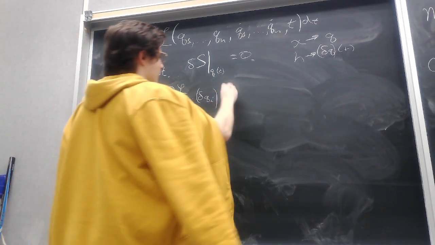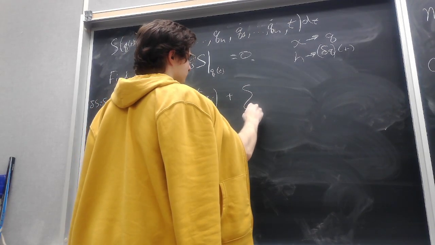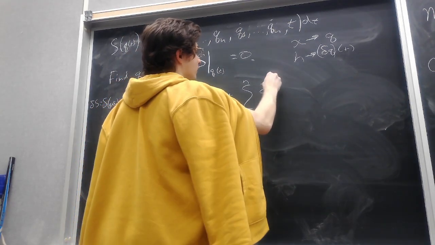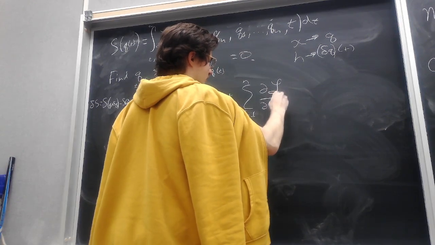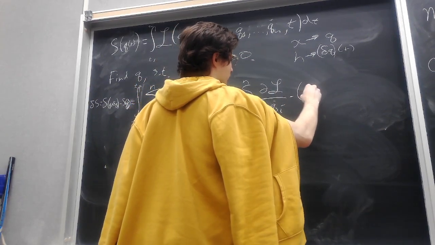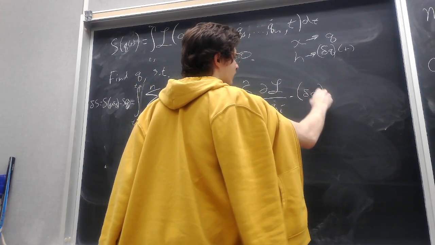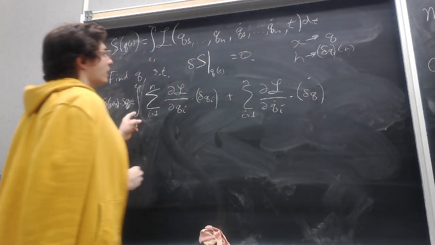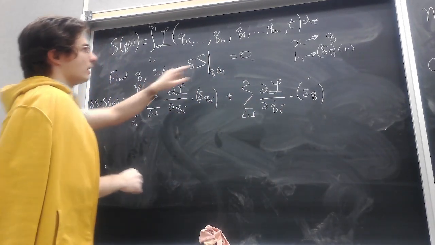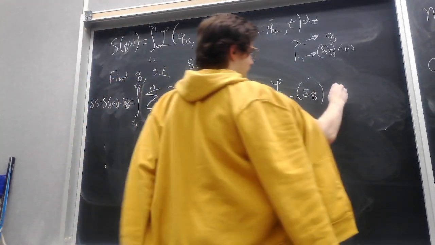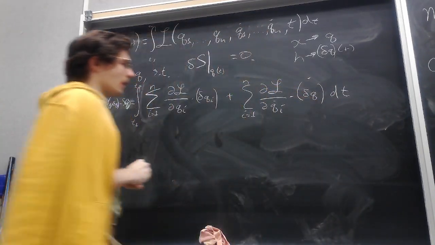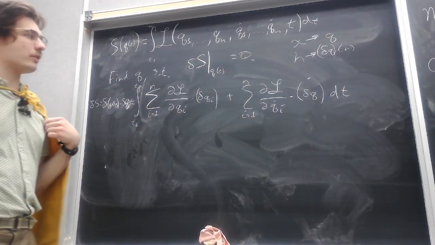And then I do the same thing, I vary it in these dotted entries, Q dot i, and multiply it by the derivative of delta Q, because the thing I plug in here is the derivative of delta Q, and the thing I plug in here is delta Q. Okay, dt. Now, do people remember how to integrate by parts?